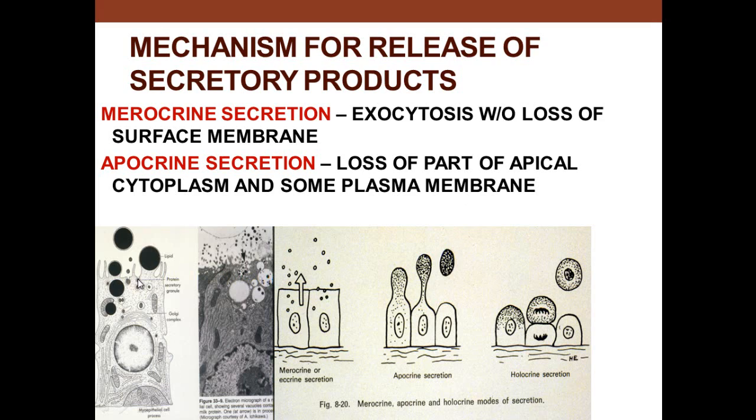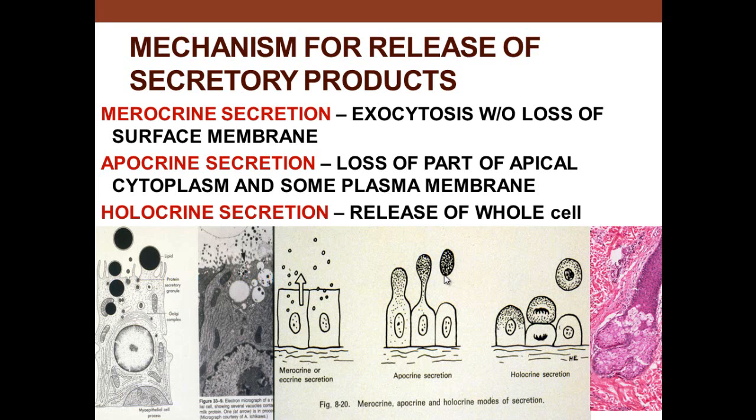They have merocrine, which is how the milk protein, casein, is discharged, but also the milk fat droplets, as we see here, are discharged with some of the plasma membrane around them to make the fat water soluble, because fat is not water soluble. You wouldn't be able to get the fat out of the milk if it wasn't for the plasma membrane wrapped around the fat droplet to keep it solubilized in the milk.